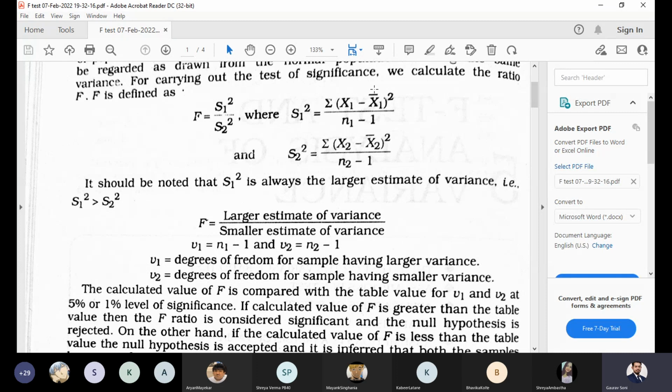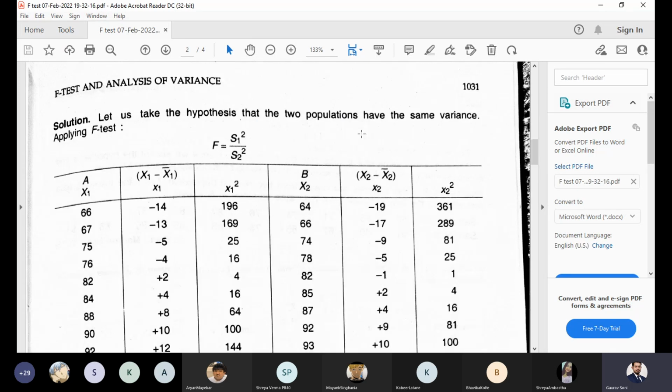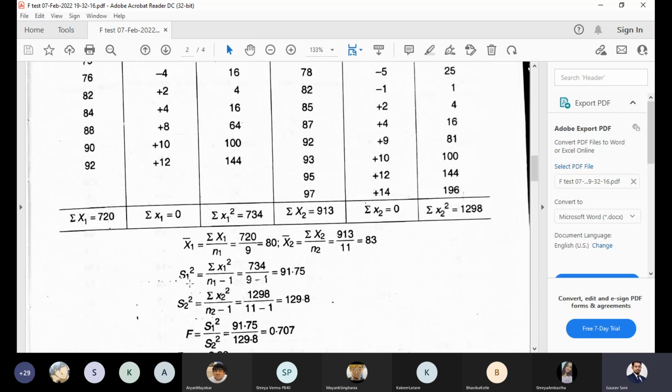So x1 bar is 0 for that example, x2 bar is also 0. So simply we have s1 square is summation x1 square upon n1 minus 1. S2 square is summation x2 square upon n2 minus 1. So we have got these values.